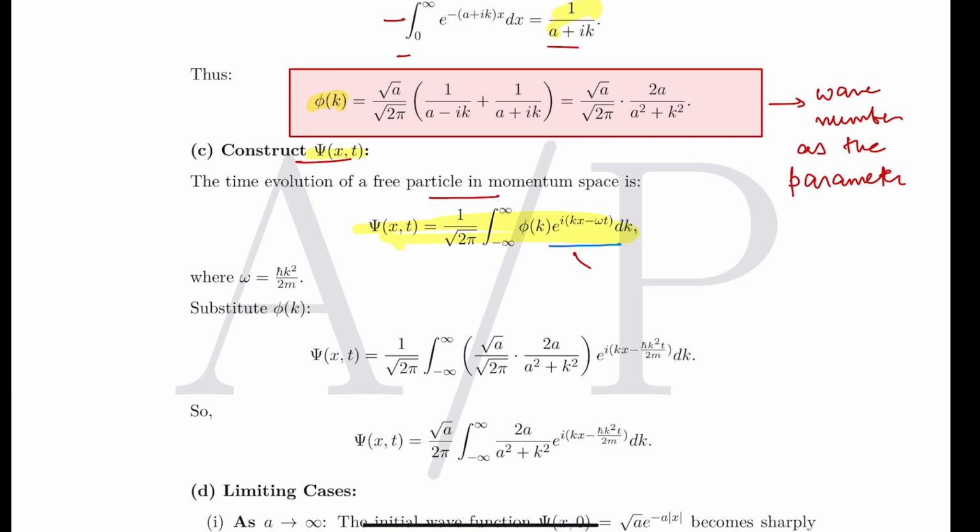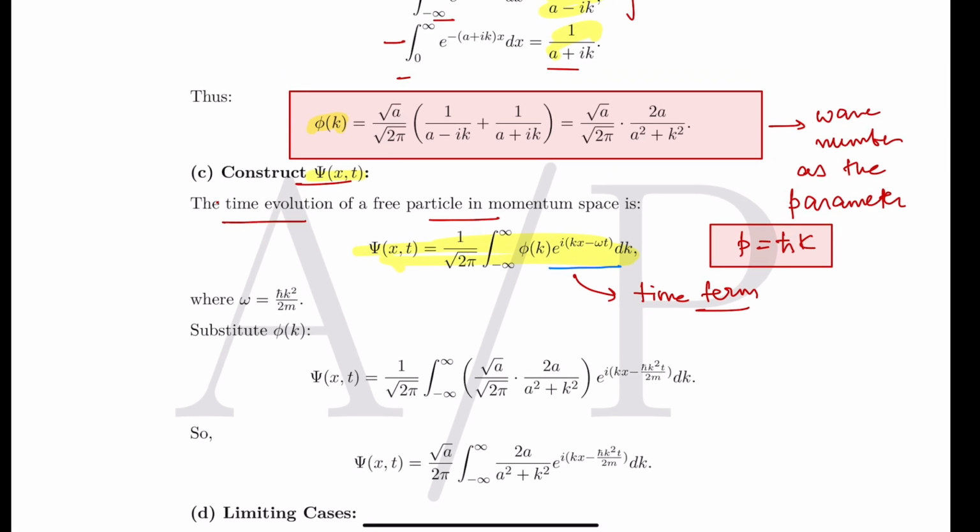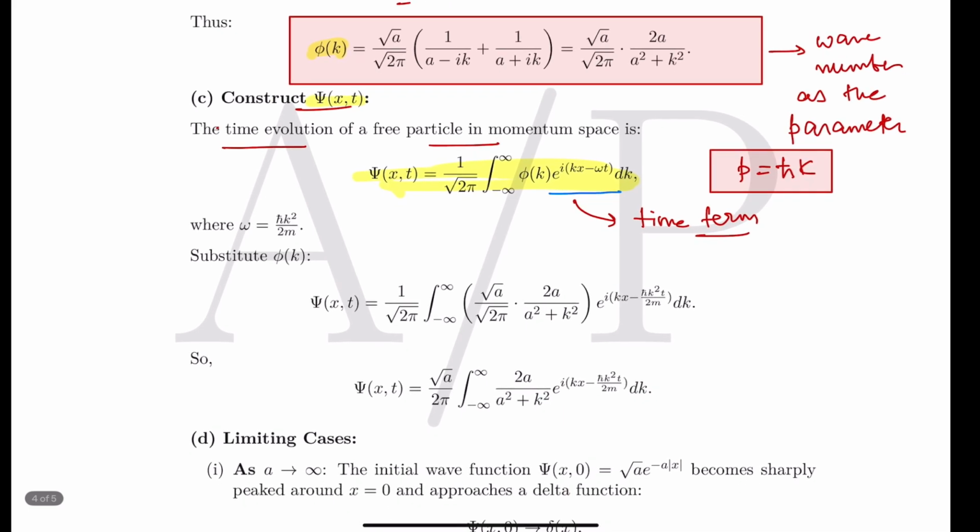The time evolution of the free particle in the momentum space will be given by this. We have implemented this time term. Whenever you multiply like this, and obviously you know that momentum is nothing but h bar multiplied by k, with the simple substitution you will get the time evolution of the free particle in the momentum space.